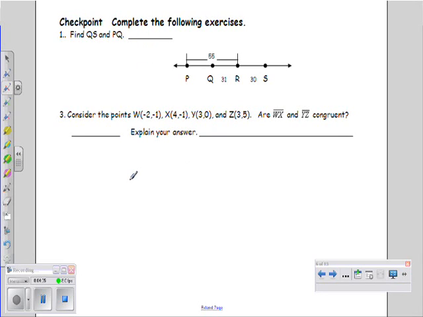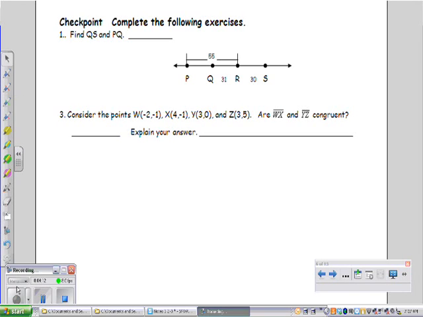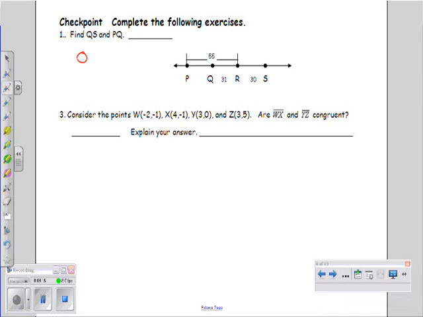All right, I would like you to pause the video right now and to complete these two exercises. So you should have gotten that QS equals 61 and PQ equals 24 for the first one.